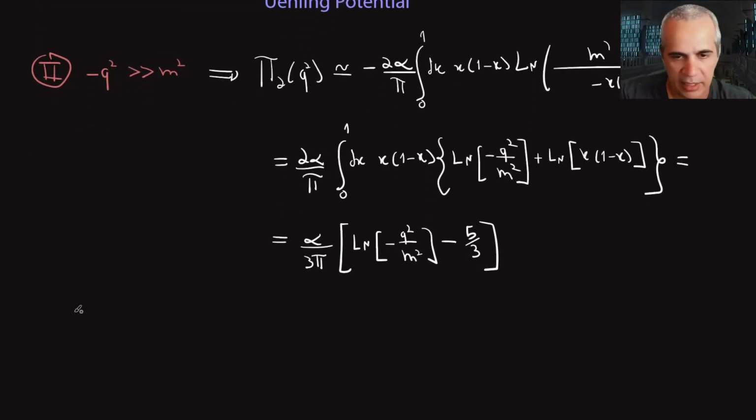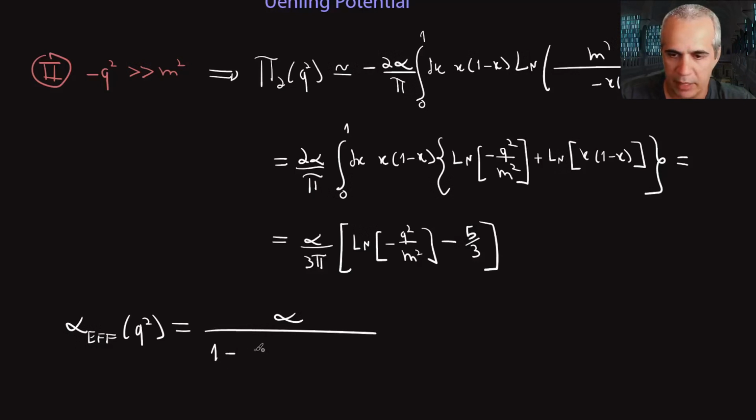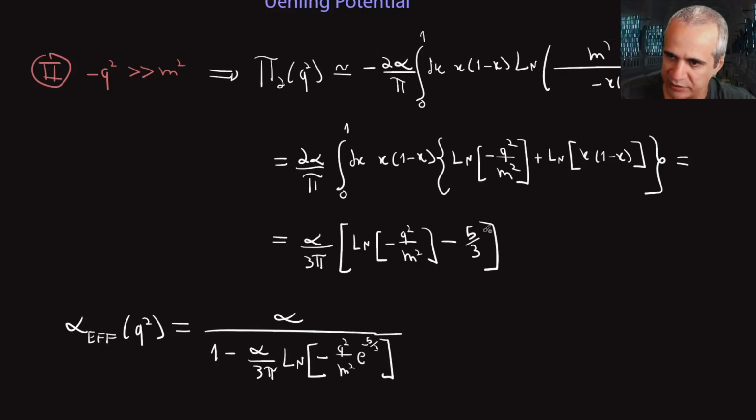If you remember, I had defined an alpha effective, the running coupling, as alpha, really the number, and 1 minus alpha over 3 pi ln of minus q squared over m squared, and I just exponentiated this part to include it here, exponential of minus 5/3, and bring this guy inside the log.